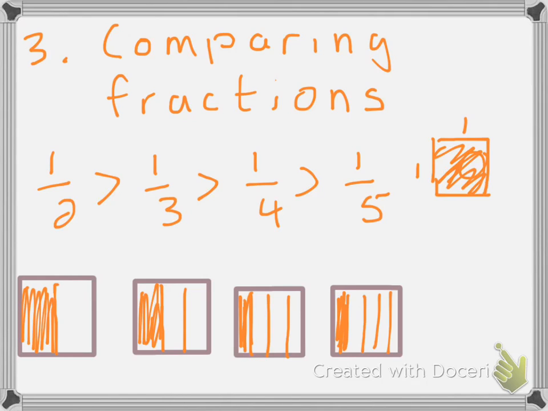Now let's look at the case where the denominators are the same. Let's compare 3/5 to 6/5.